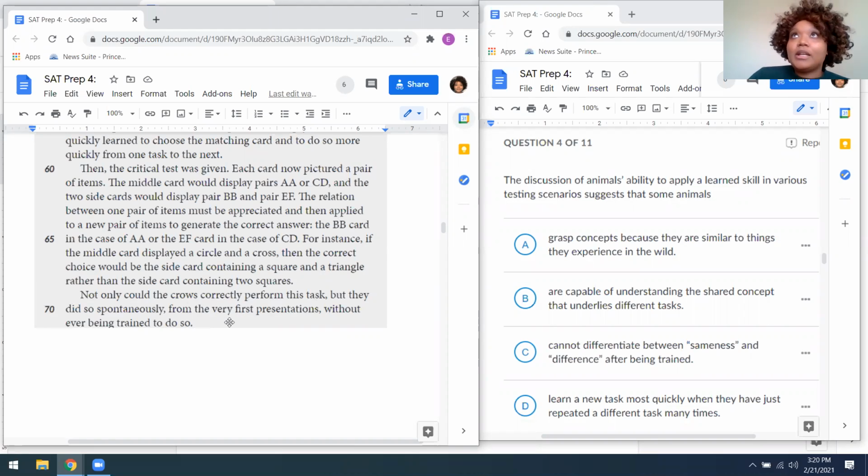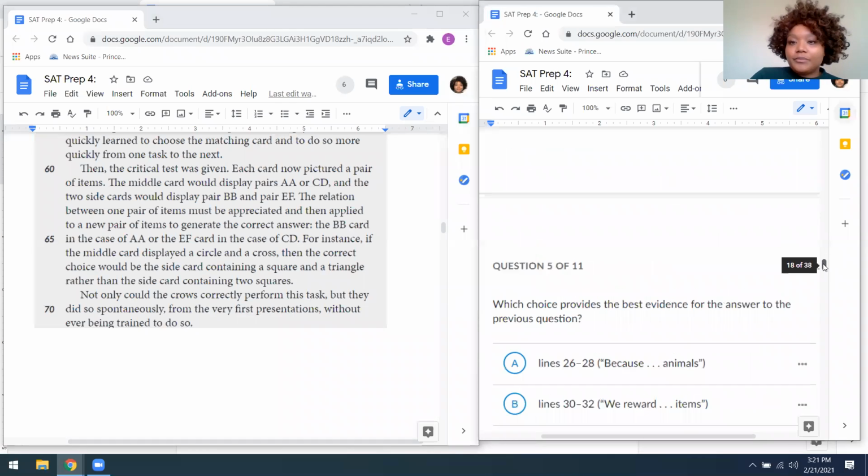So that means that they applied that abstract skill they learned before to this new task that they did not need training on. So that is why B is correct, that they are capable of understanding the shared concept that underlies different tasks.